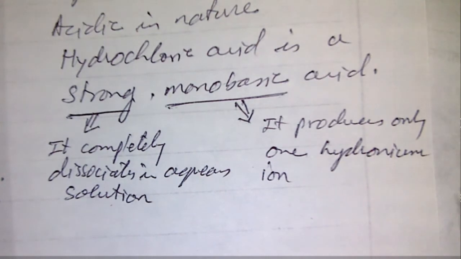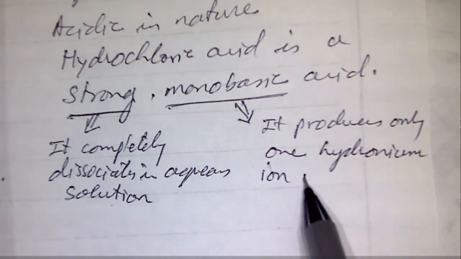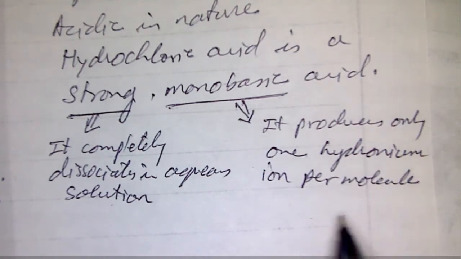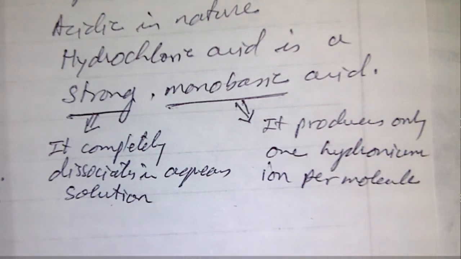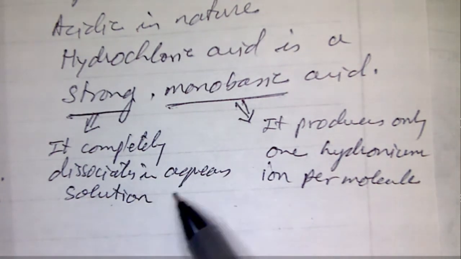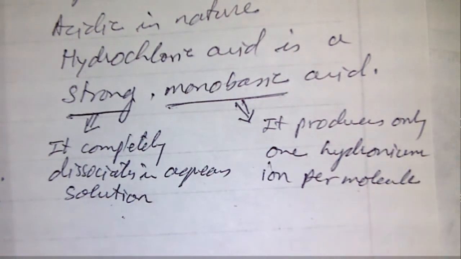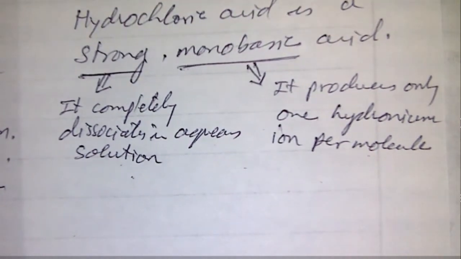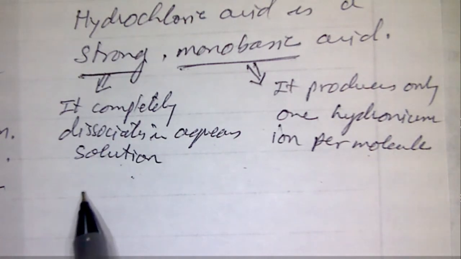It produces only one hydronium ion per molecule in its aqueous solution. Always these properties are taken in terms of aqueous solution, you know that. So since we are talking about hydrochloric acid, it is completely dissociating in aqueous solution and it is producing only one hydronium ion.